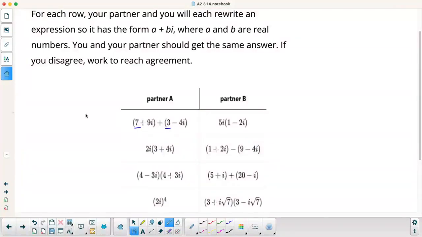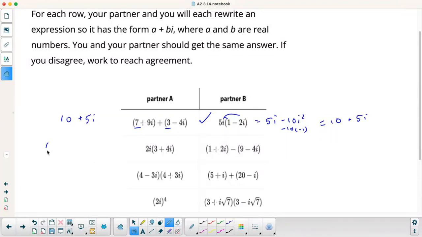So 7 plus 3 would give me 10. 9i minus 4i is positive 5i. Come over here, I'm going to get 5i if I distribute, minus 10i squared. Remember, i squared is negative 1. So this is negative 10 times negative 1. So that's positive 10 plus 5i. All right, we're good on that.